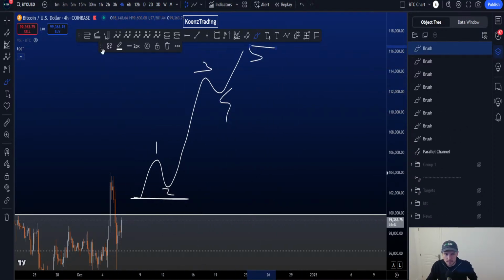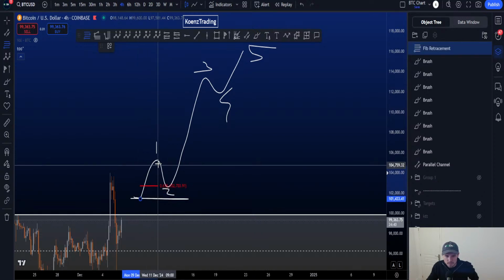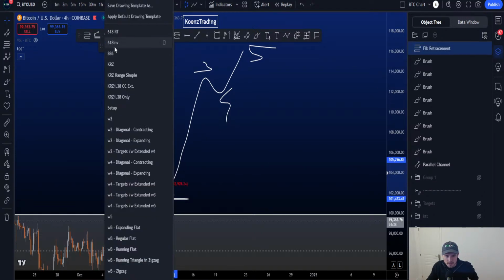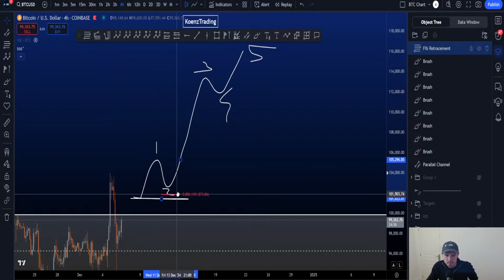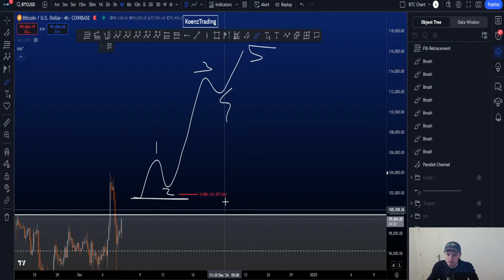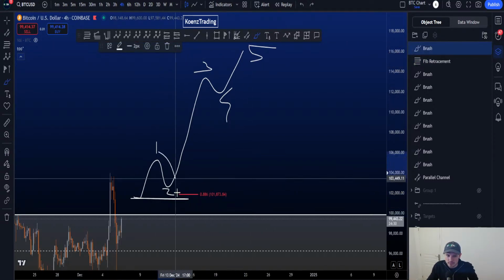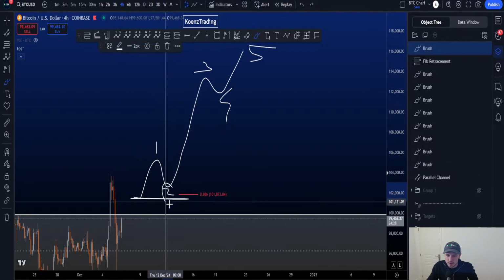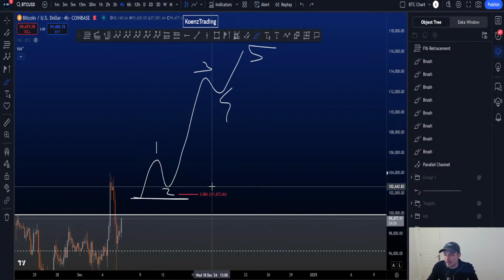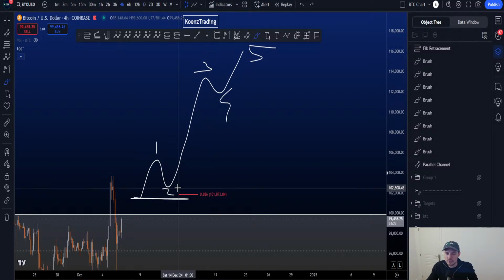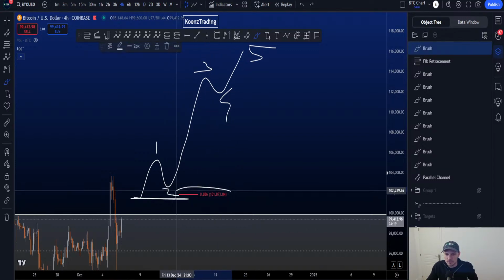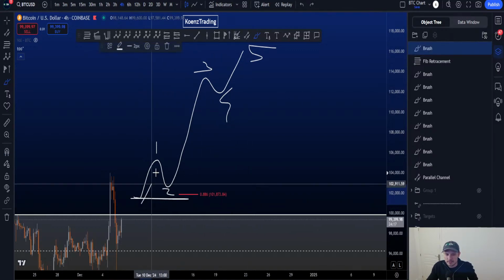However, the moment wave 2 hits the 886 Fibonacci, it's not an invalidation, but the probabilities for this move down to be a wave 2 significantly diminish. And that is good information to have, because the moment you touch an 886, the probabilities decrease.